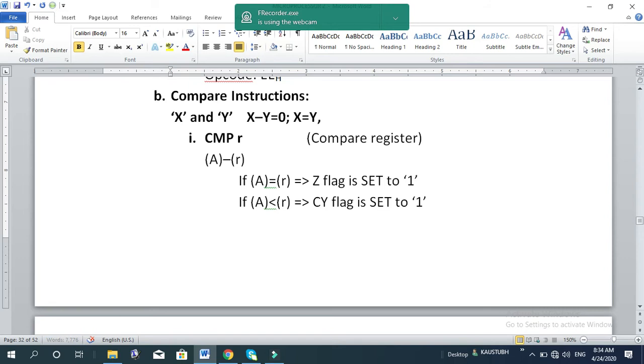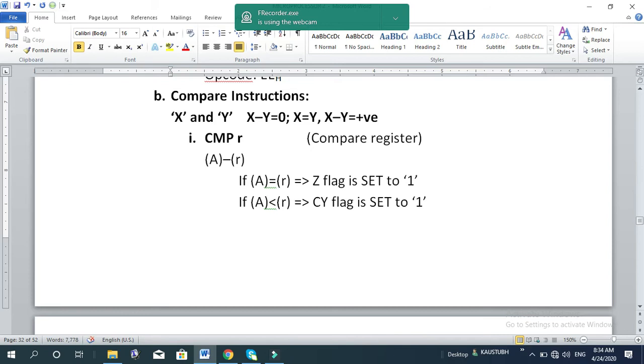But if X minus Y is not equal to 0, okay, this is the not symbol, not equal to 0, then what does it mean? It can be either positive or negative. Suppose the result is positive.